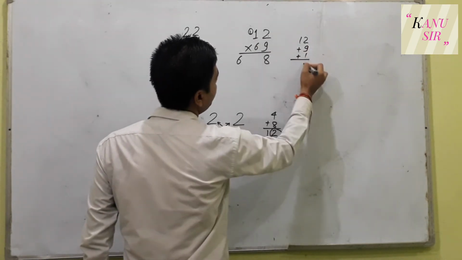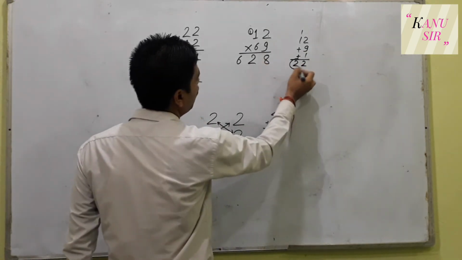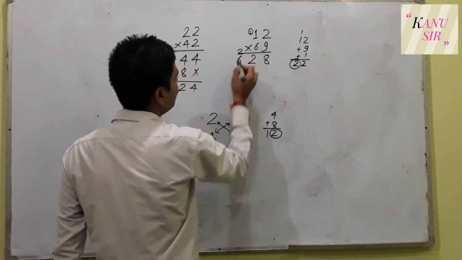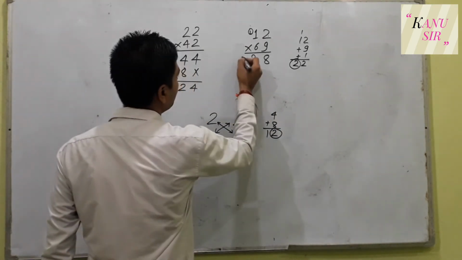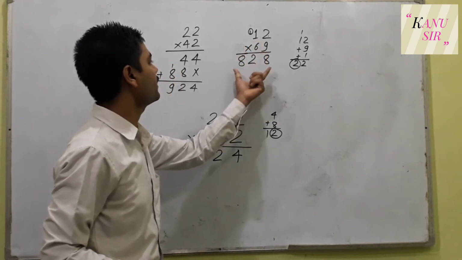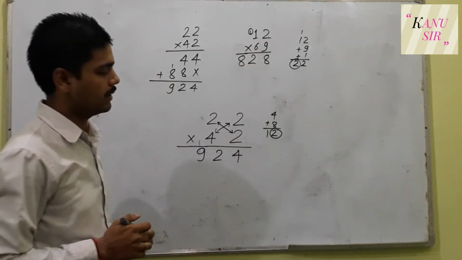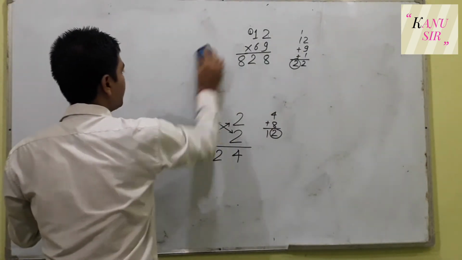Altogether 9, 10, 12, 22. We'll add 2 here and 2 will go towards the 6. 6 plus 2 you'll get 8. So the product of 12 and 69 is 828. So one more example related to this type of multiplication.